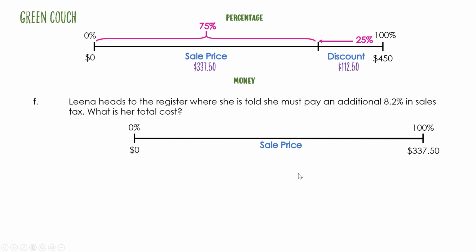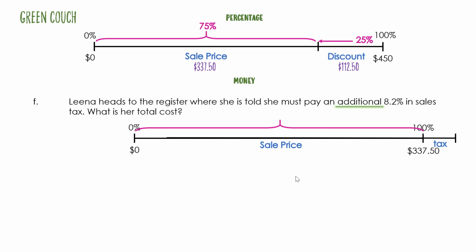Okay, but now it's telling me I need an additional 8.2% in sales tax. So how is this going to be different than the diagram that I had for the green and purple couch? Since I am adding an additional 8.2% in sales tax, that means that I am adding on to the 100% instead of taking it off like the discount would be.